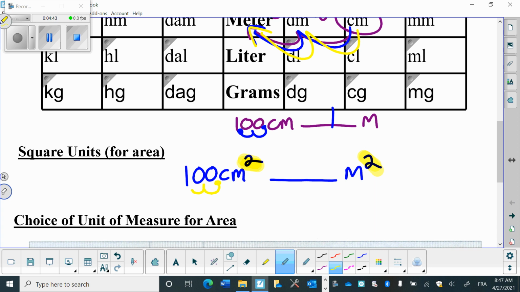So 1, 2, 3, 4. My answer here will actually be 0.1 of a meter squared. Sometimes we have strange decimals, but that's how it works. If you're doing the dividing by 10 concept, it's the same thing, but in this case every space you are now dividing by 100, because really you're doing this instead, which is really 100.